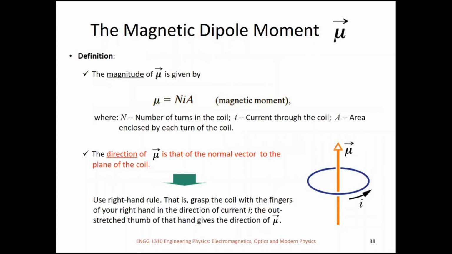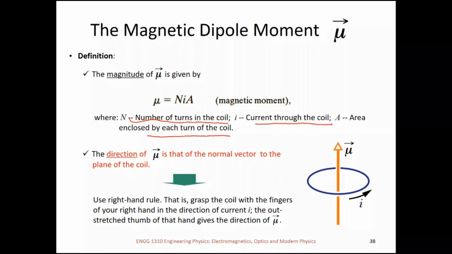So we can introduce another term called the magnetic dipole moment mu. The magnetic dipole moment mu is given by NIA. N is the number of turns in the coil, I is the current through the coil, and A is the area enclosed by each turn of the coil.